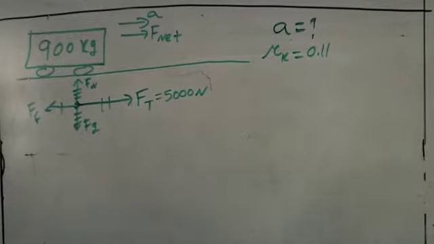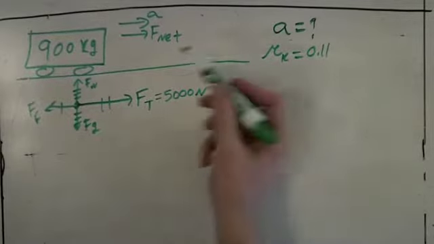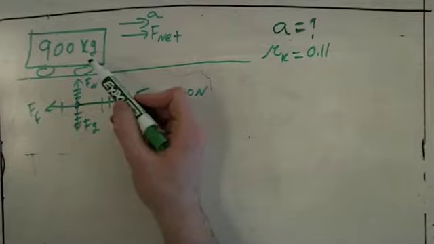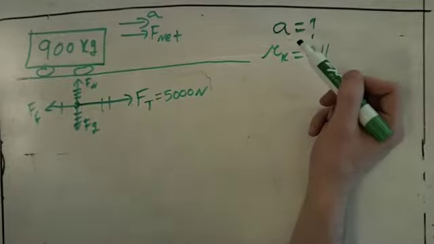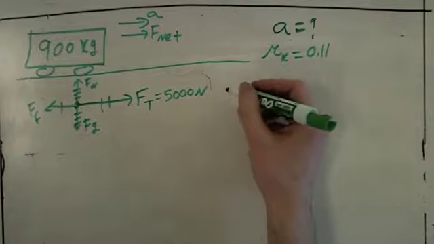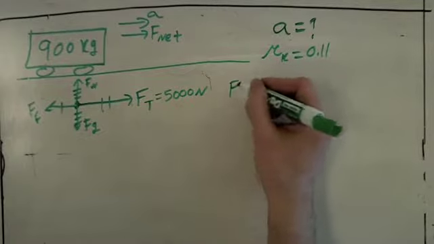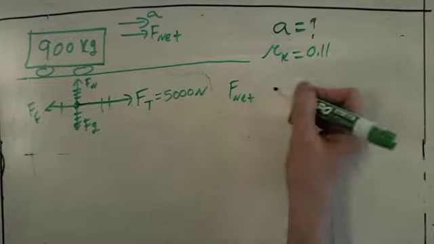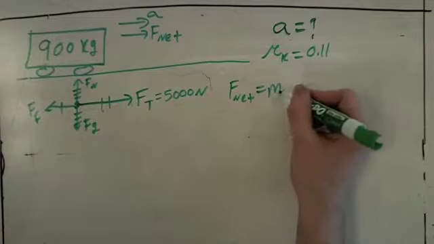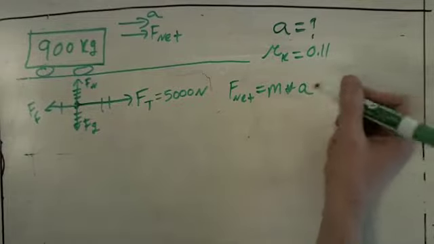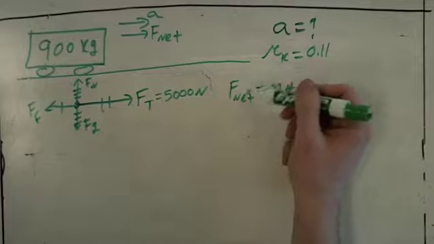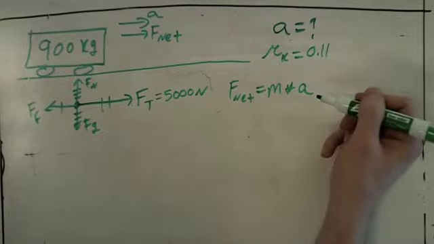So we got a couple pieces here. I know its mass. I don't know its acceleration. So let's think through. I could go straight to the fact that the net force of an object is equal to its mass multiplied by its acceleration, but I don't know this and I don't know this.